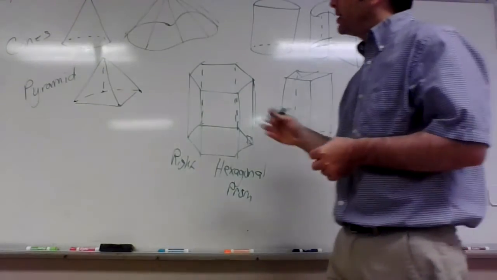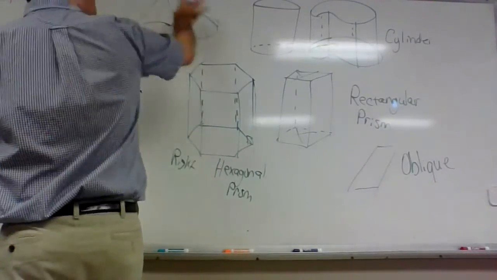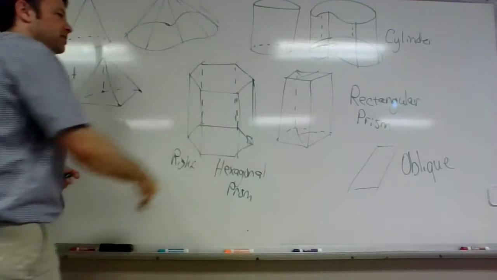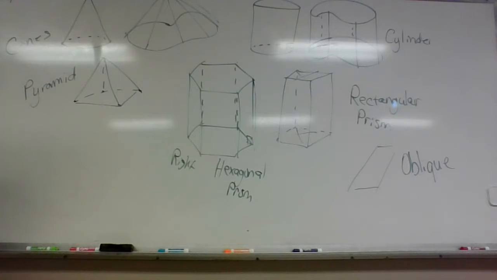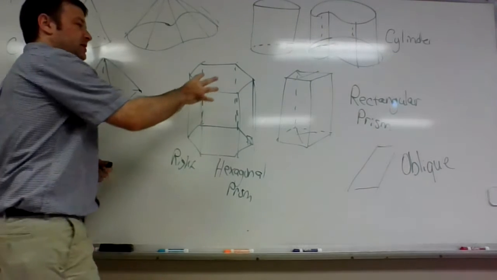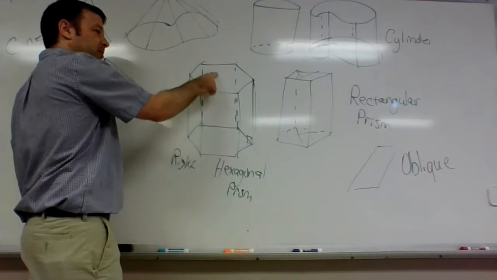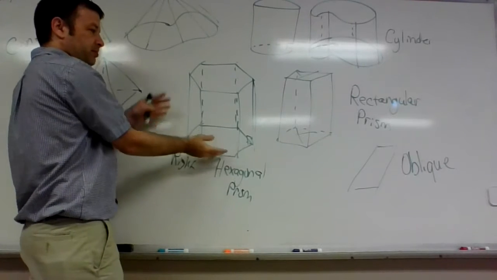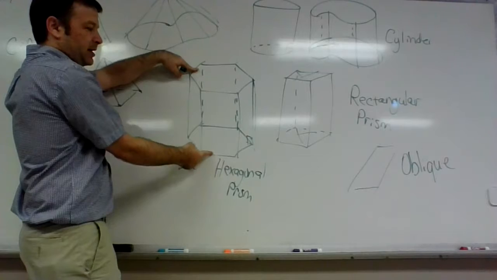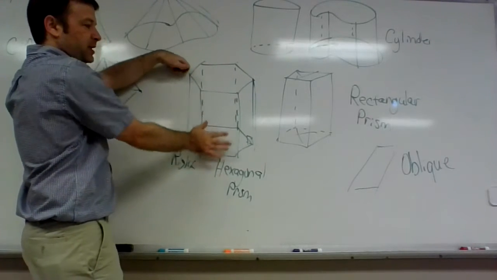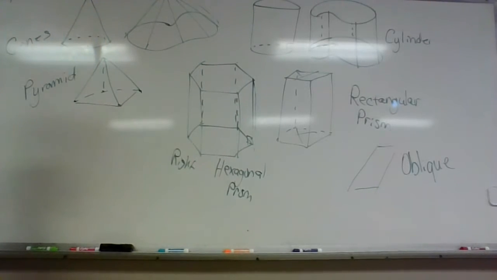Okay, all right. Cones, all these guys. Cylinders, all those guys. Pyramids, straight edges. Prisms, straight edges. Oh yeah, the top and bottom on this one are called the bases, the identical parallel sides. All these other sides that are going up and down, they call them the lateral surfaces.